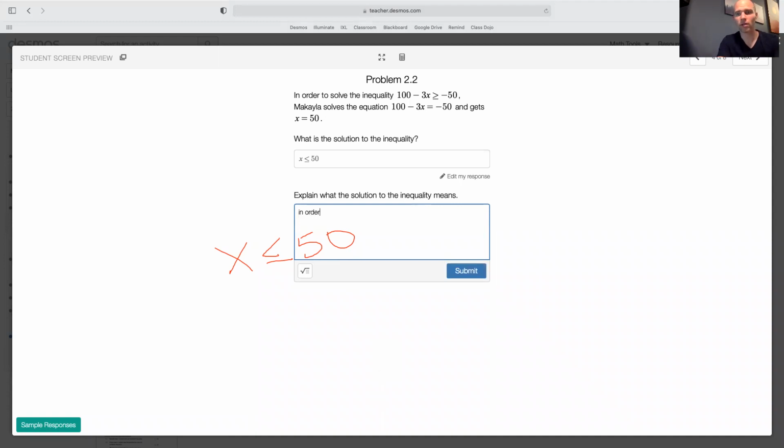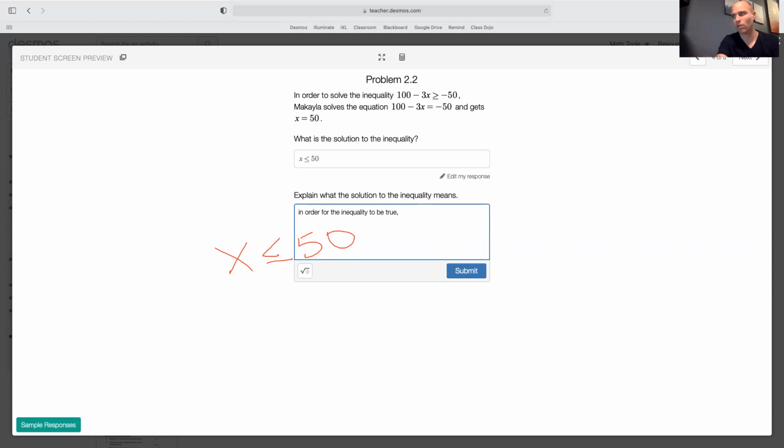In order for the inequality to be true, right? That's what we're always looking for with solutions. When you solve an equation and get a solution, that number makes the equation true. It's the same thing for inequalities. You want numbers that make the inequality we started with a true statement.